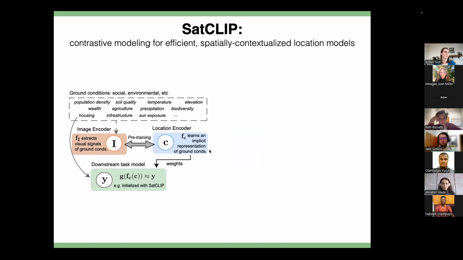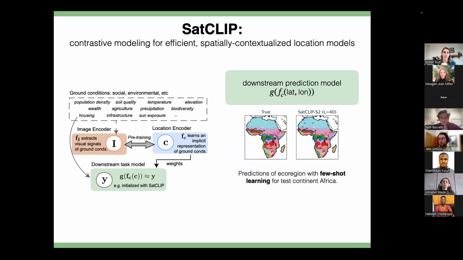And much like we could use Mosaics features to predict many of those downstream tasks earlier, now we can use the direct output of the location encoder as our embeddings for downstream prediction. What you see on the right here is SatCLIP generated predictions of ecoregions across the continent of Africa, in comparison to the true values, where every color here is a different ecoregion.